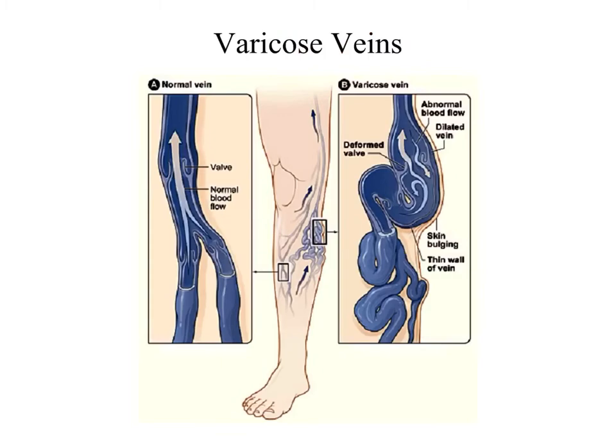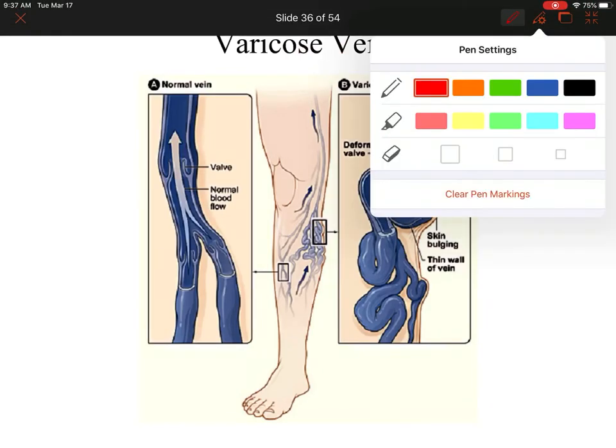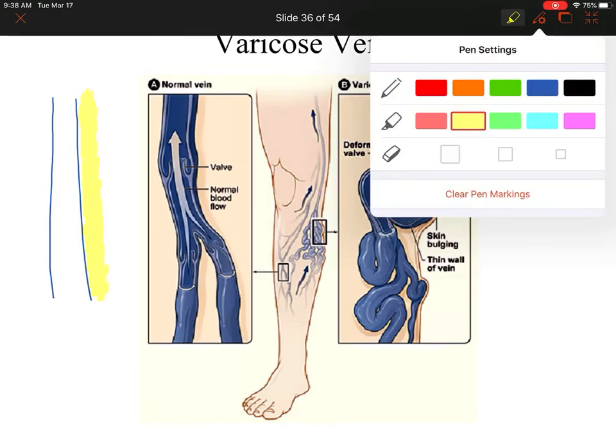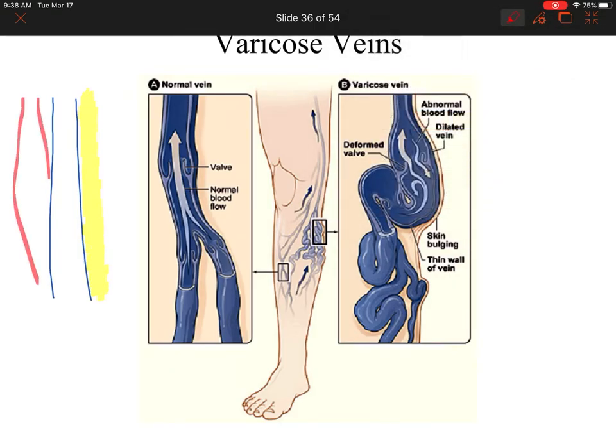So varicose veins is what happens in superficial veins. So veins close to the skin. So here we have our vein. On one side of the vein is skin. So the yellow is skin. On the other side of the vein is the skeletal muscle pump.